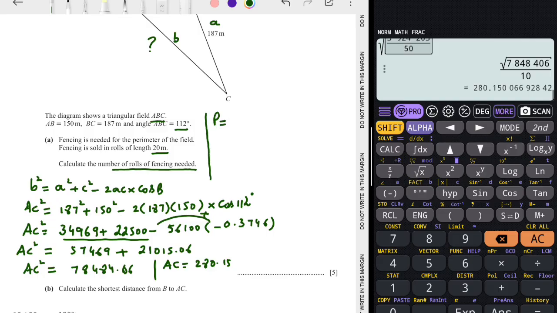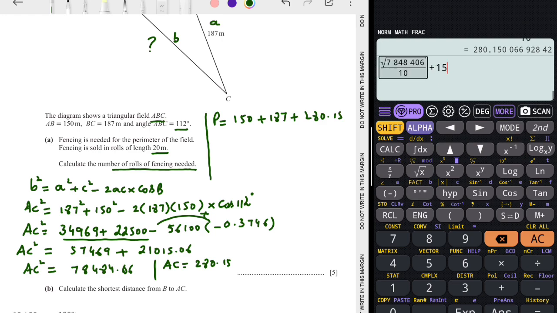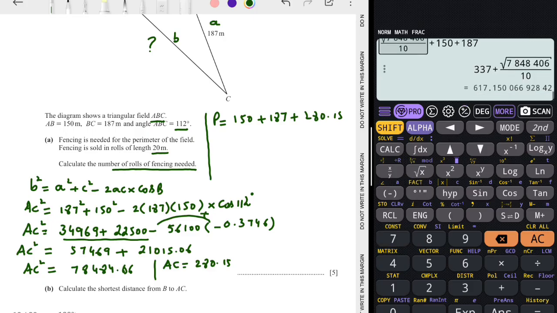So the perimeter would be 150 plus 187 plus 280.15 plus 187. So this becomes 804.15.